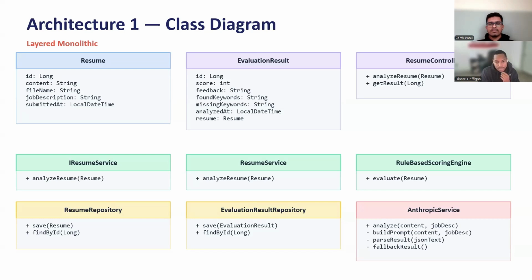Resume service implements IResumeService and coordinates the full workflow. Rule-based scoring engine calls Anthropic service, which you can see in the bottom right with the 4 methods: analyze, build prompt, parse result, and fallback result. The repositories at the bottom handle all database operations through Spring Data JPA. Next slide.